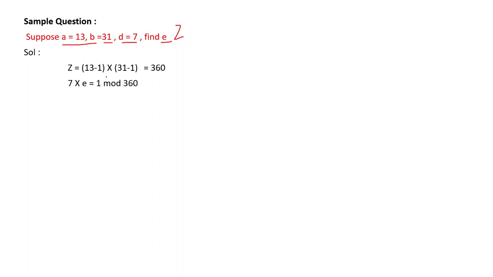And now we know that E into D is equal to 1 mod Z. Here your value of D is 7, value of E is unknown, and this is what you need to find out. So the potential candidates for this product will be 361, 721, and so on.